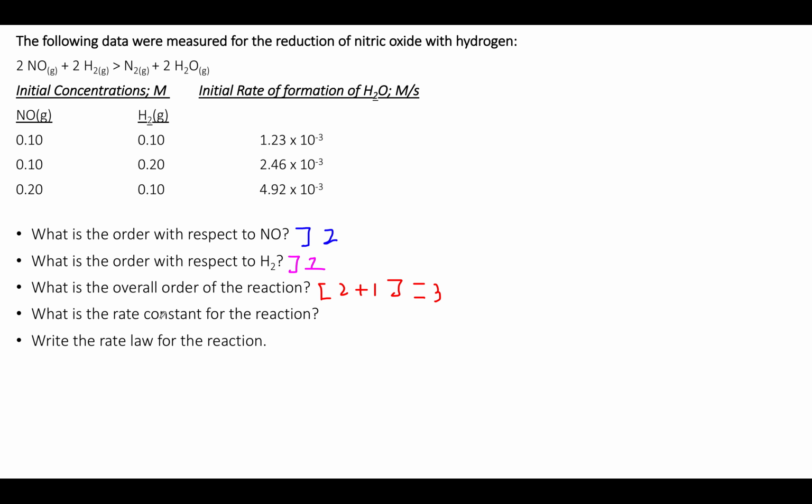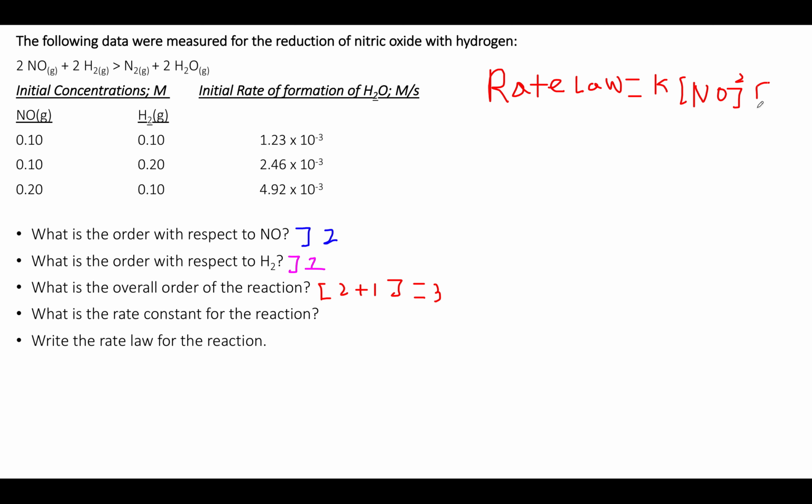What is the rate constant for the reaction? Okay, first I'm going to write the rate law. Now, this isn't going to be the final rate law. It's just going to be what we know right now, because I don't know what K is. So K is still going to be a variable. But I do know the order with respect to our reactants. So the order with respect to nitric oxide is 2.